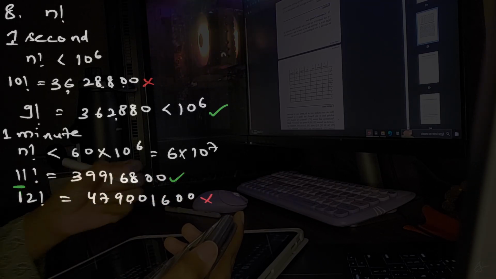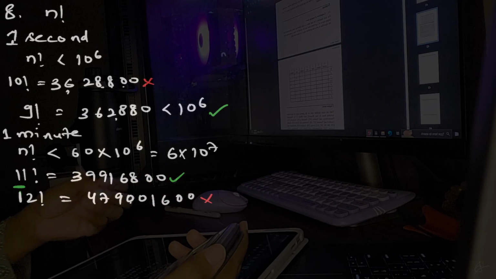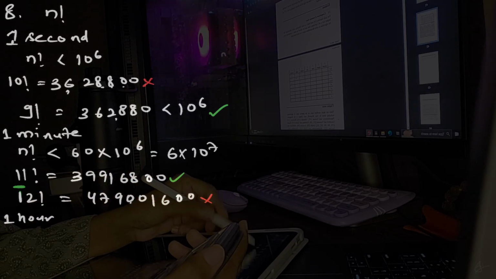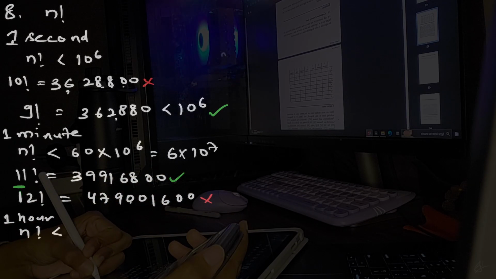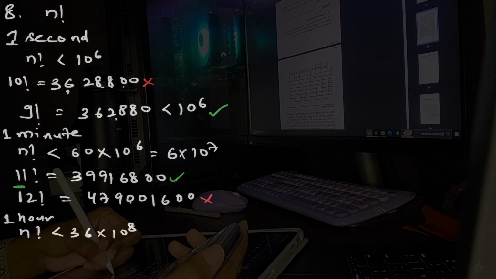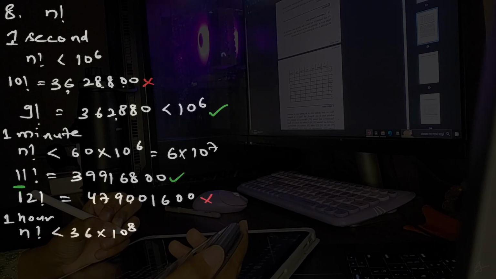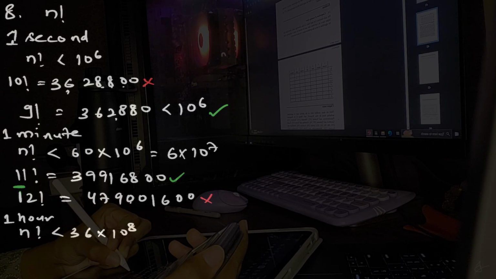Now coming to 1 hour. 1 hour is again 3600, so 3600 to the power of 8. Okay, yeah, so we have 12 factorial, which is like 1 2 3 4 5 6 7 8.